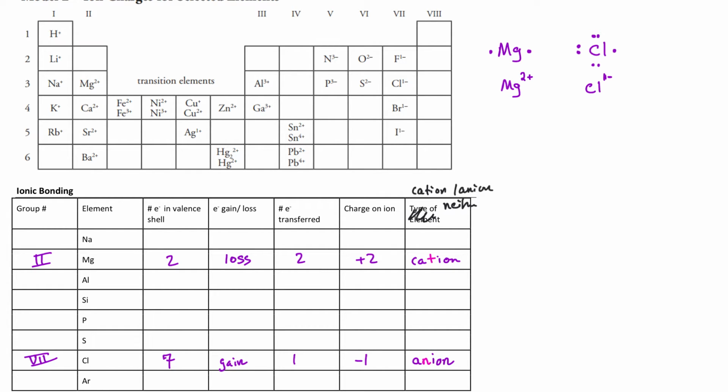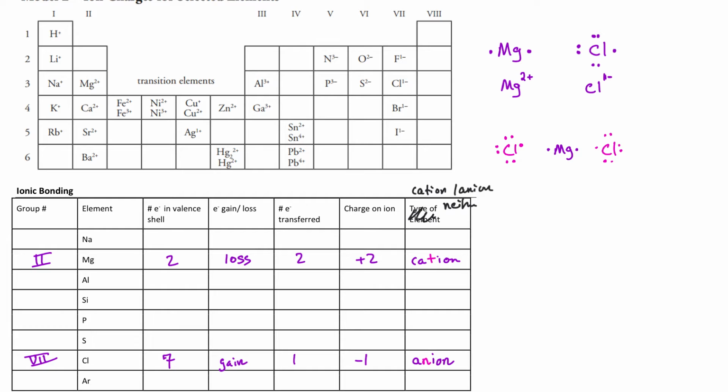so it's a positive. Now, let's imagine that we got a magnesium here and we got a chlorine here. And what ends up happening if you have one magnesium, I'll draw these separately, Mg with 2 valence electrons, and there's a chlorine about 1, 2, 3, 4, 5, 6, 7, and there's another one over here 1, 2, 3, 4, 5, 6, 7.